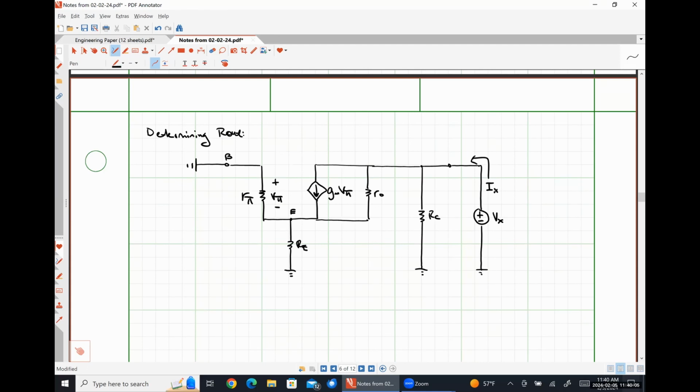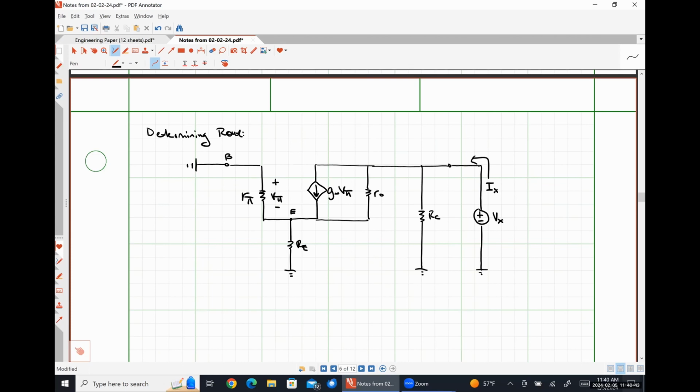Now, it should be quite obvious that IX is going to split, right? Some portion of it is going to flow down through this part right here, and that portion is literally just going to be VX over RC, and then whatever's left flows through the remainder of that network. So keep that in the back of your head.